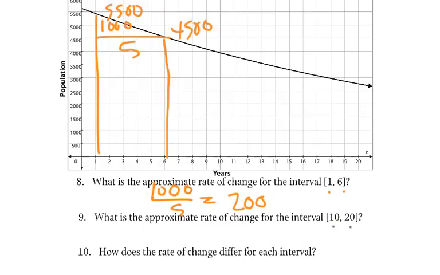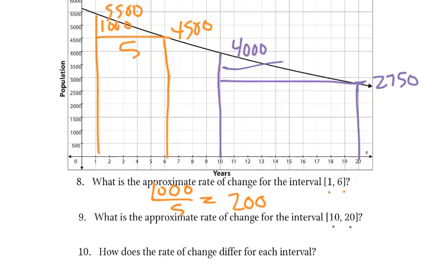Then we do 10 and 20. So 10, we're at about 4,000. At 20, we're about 2,750, about halfway in between. So that vertical change would be 4,000 minus 2,750, or about 1,250.